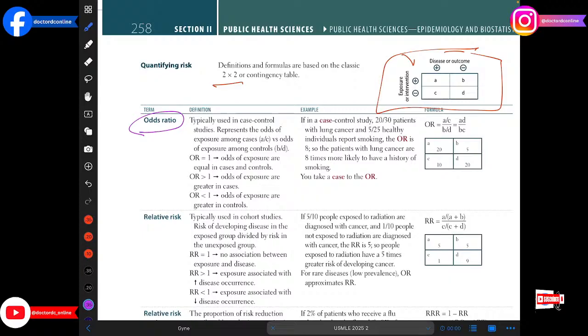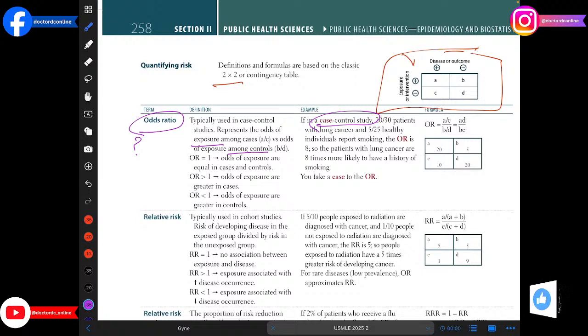Do you remember what type of study uses the odds ratio? There you go, case control studies. Now, the odds ratio is formally defined as the odds of exposure to the risk factor in the disease group divided by the odds of exposure to the risk factor in the non-disease group.